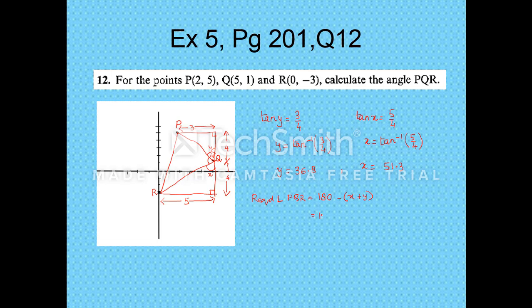So it's going to be 180 minus (36.8 plus 51.3). So angle PQR will have the measure of 91.9 degrees when rounded off to 3 significant figures. And that's what the answer is.